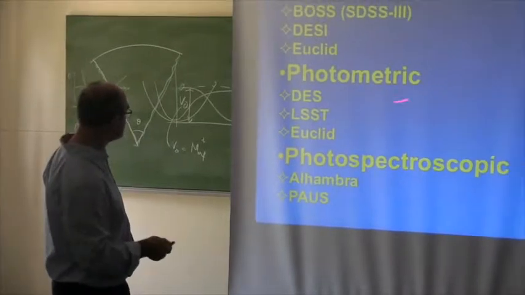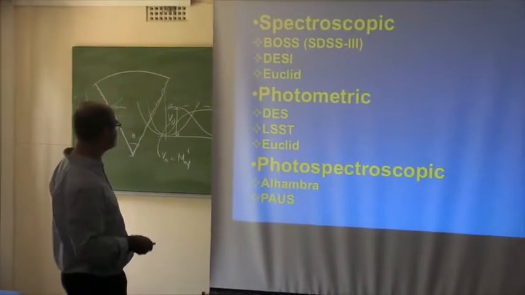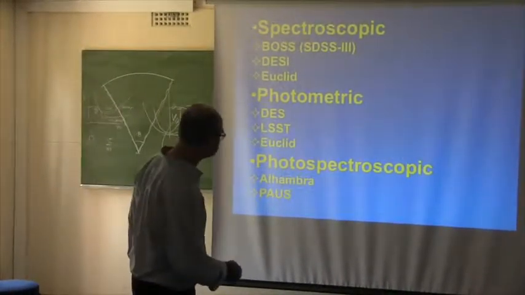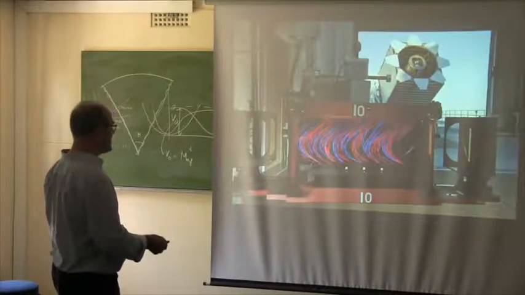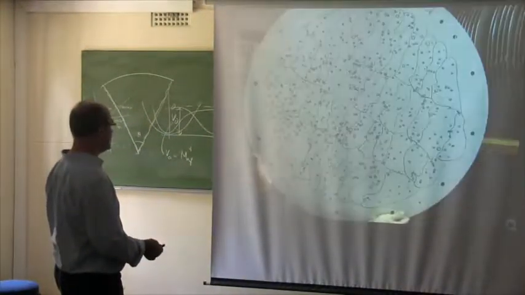There are two types, spectroscopic, well actually three, photometric and photospectroscopic. What's this? A spectroscopic survey is simply you have in your plane, I'll show you a photograph of this, wires, optical fibers, okay, this is your plane.